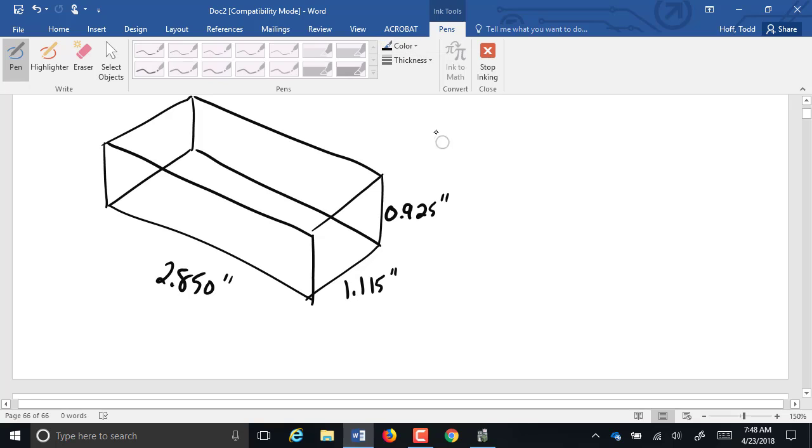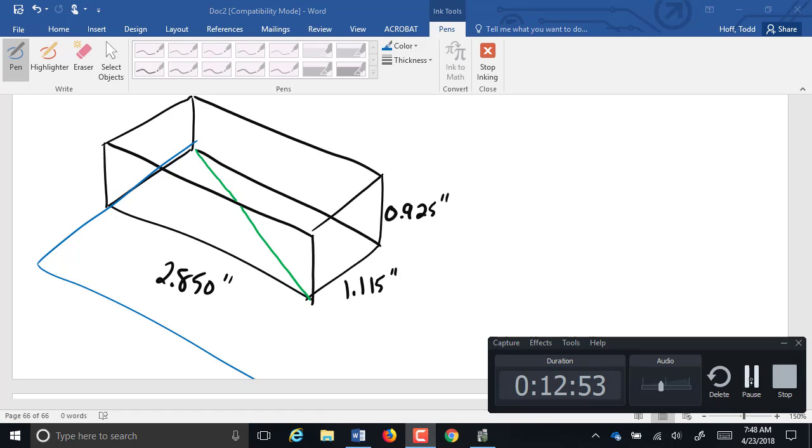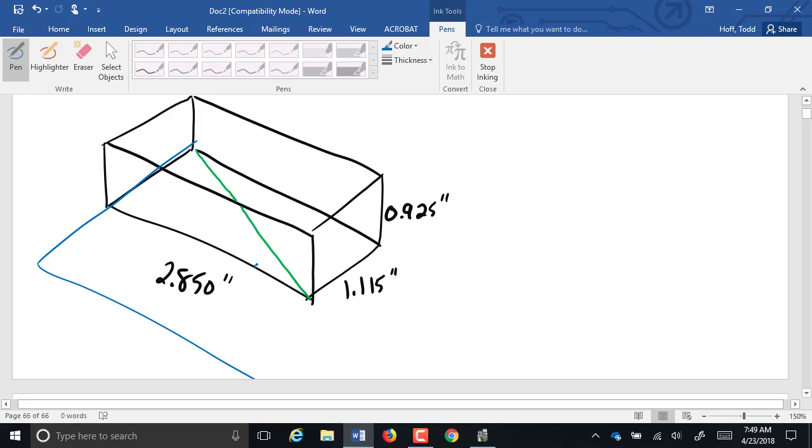And I want to find, again across the bottom, if I wanted to line that up with this, how far do I have to rotate it? So it is that angle right here that we're looking for, right? How do we find R? Perfect. Inverse tangent of 1.115 over 2.850.